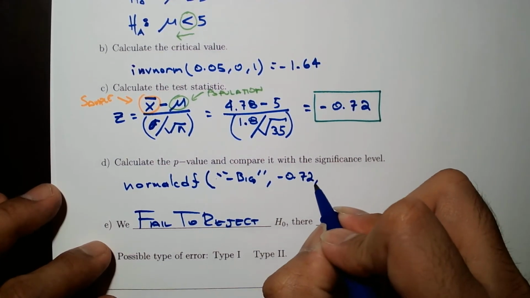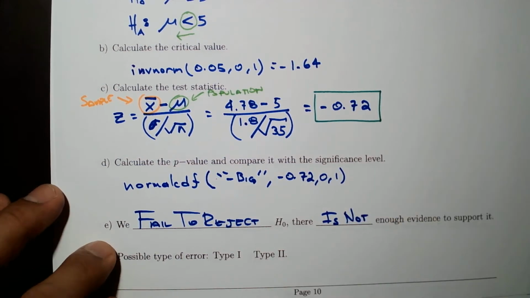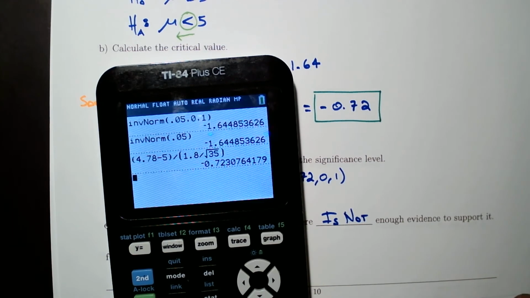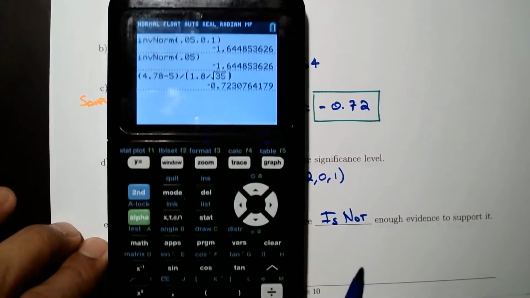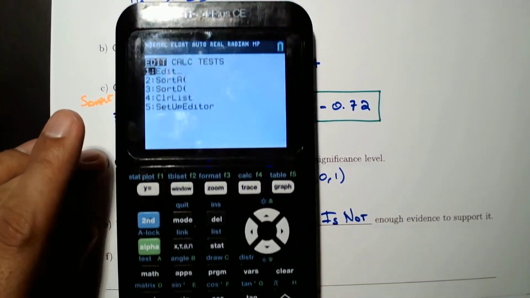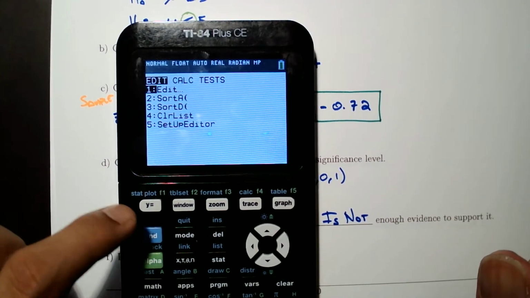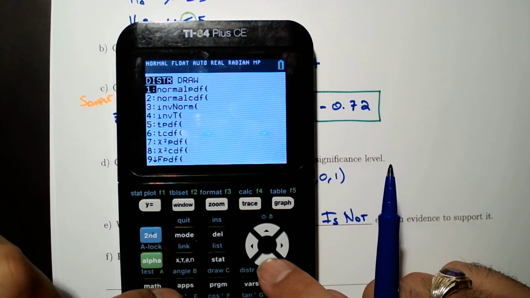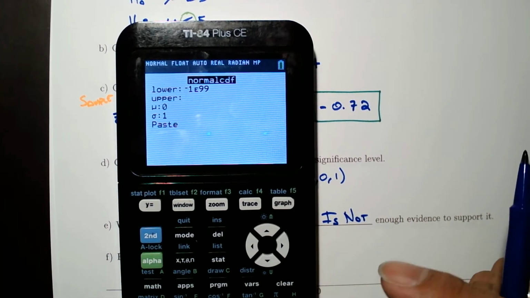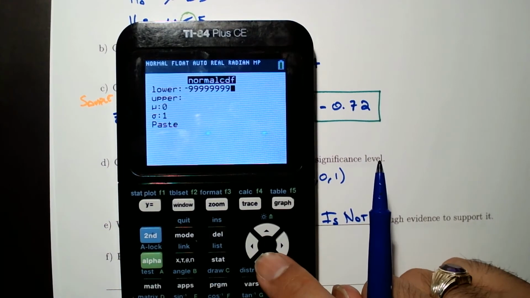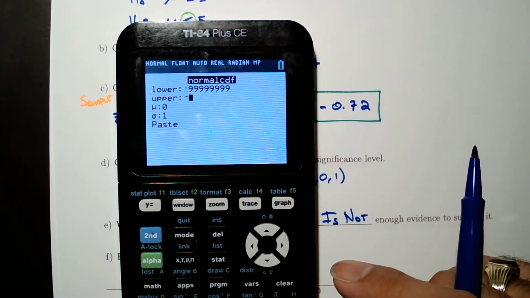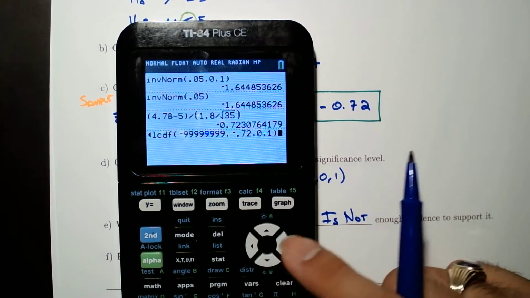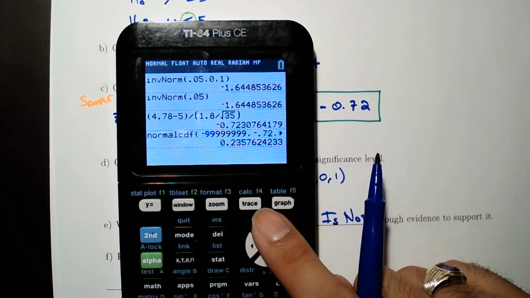Again, you're going to have the 0 and the 1. If you don't type them, the calculator still works. I'm going to go to second vars to get the distributions and normal CDF. I'm going to use a negative big number and then negative 0.72. The 0 and the 1, keep them, and I'm going to get that value.